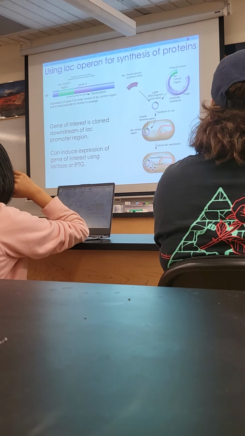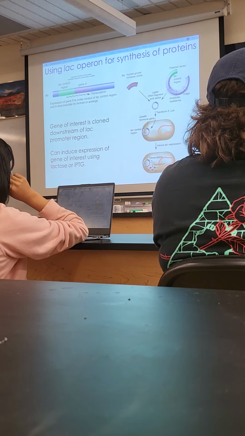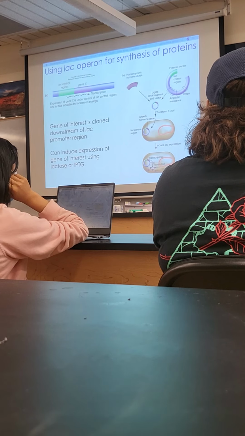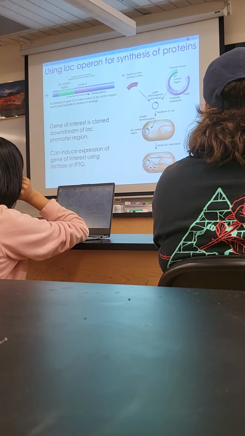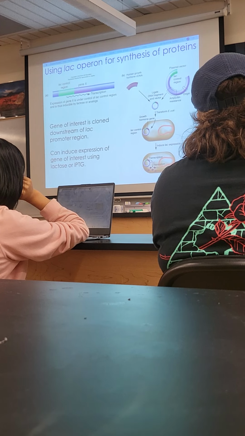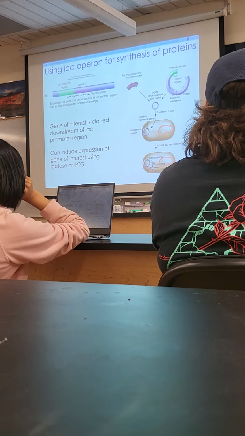We're going to set this up, instead of using the lac promoter directly, indirectly: we produce the polymerase that responds to this promoter. And that is what is under control of the lac promoter, which is controlling the synthesis of the T7 polymerase.